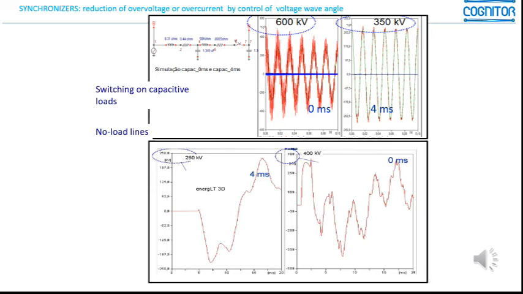This is a simulation made with the software HEP, and you see that in the first case you have practically double the overvoltage that will occur in the second case, only because we control the closing angle before doing the switching of those capacitive loads. Then you can do this in a more comfortable way when you are using one synchronizer.